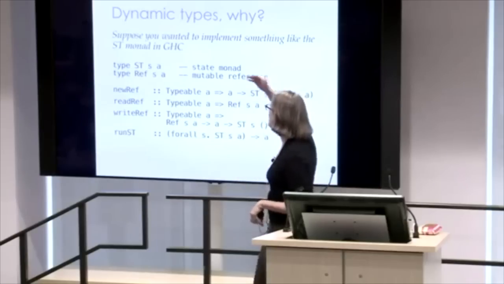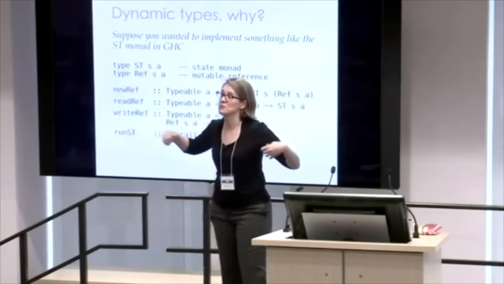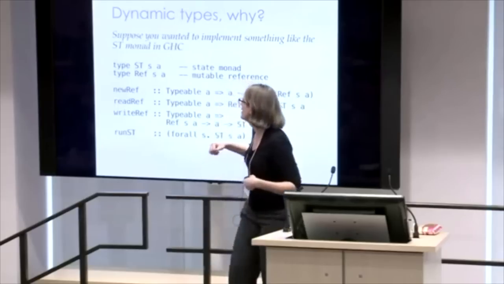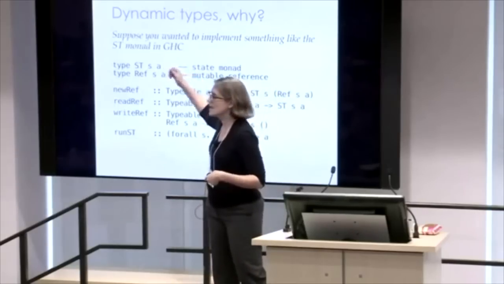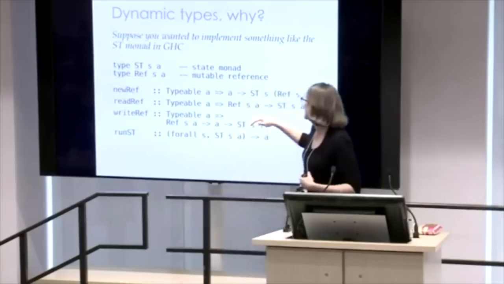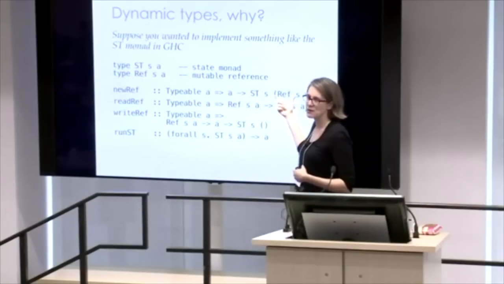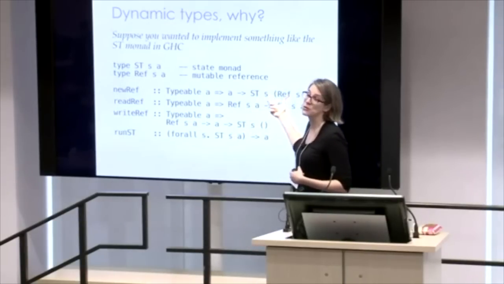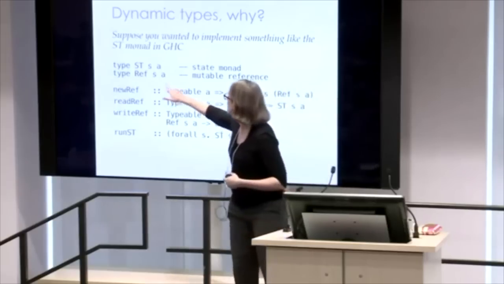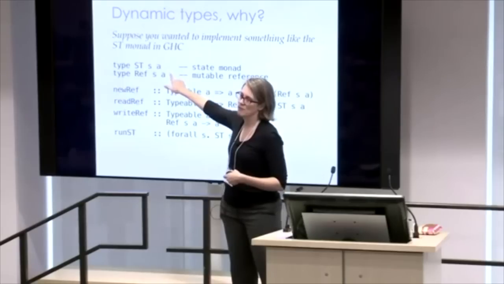We have a monad that is going to keep track of some state for us, and working with that monad, we have a type of references. What do we want to do? When we're in that monad, we want to be able to allocate references, but those references are going to be to values of a particular type. So the type parameter a talks about what type of reference this is.